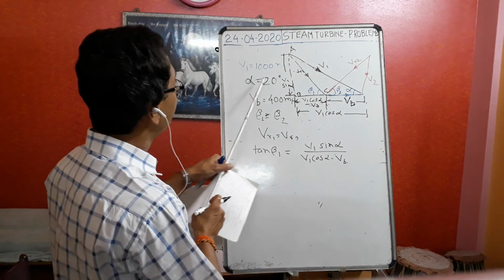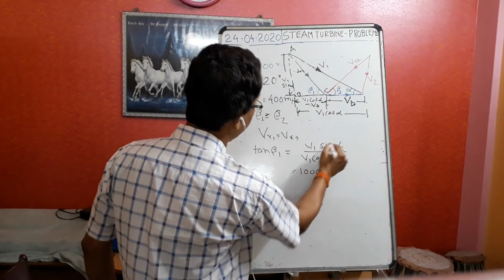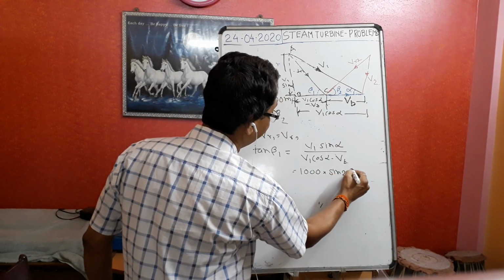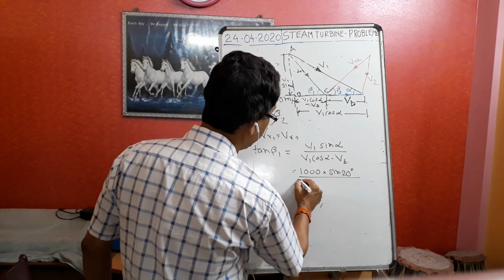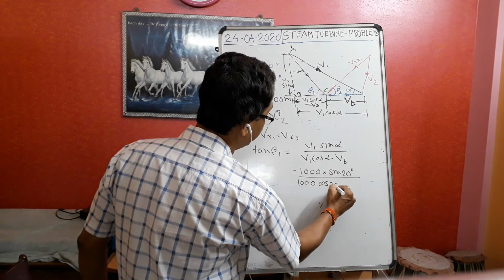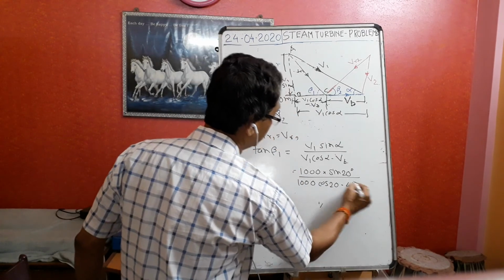I know V1, it is given as 1000. Alpha is 20, so sin 20. V1 is 1000, cos 20. VB is given as 400.